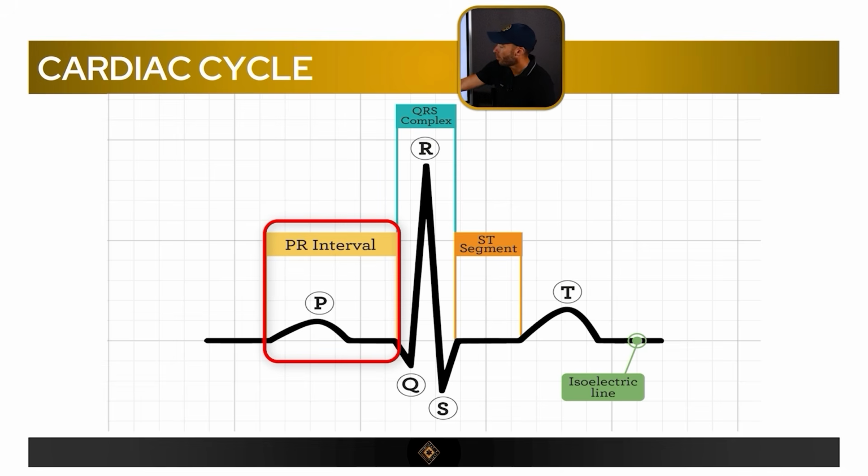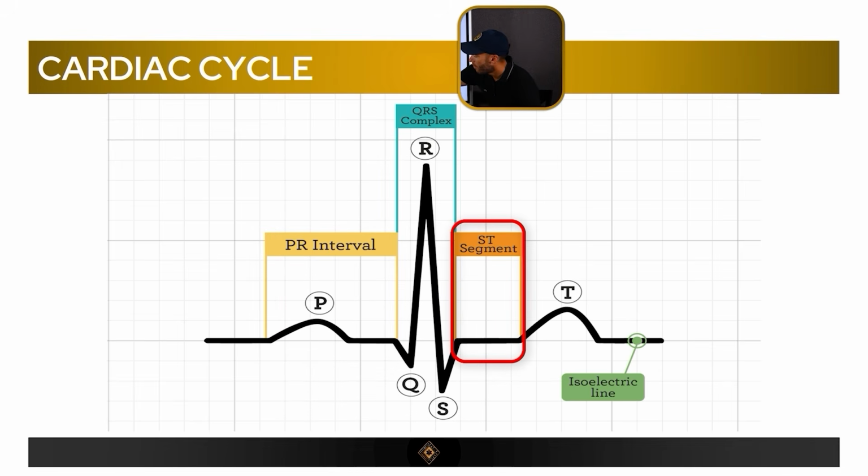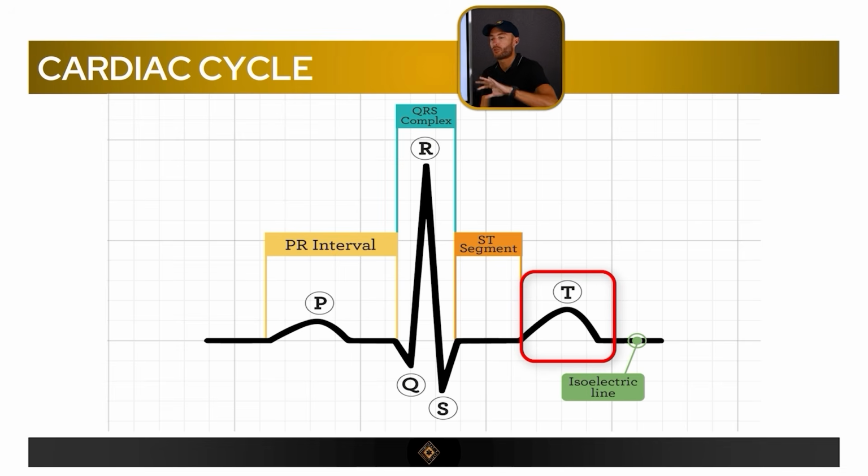Don't forget our PR interval from the beginning of the P to the start of the QRS complex, and the ST segment from the end of the S to the beginning of the T. The ST segment is where we look for elevations and depressions, and we look to see if we have 2 or more contiguous leads on a 12-lead EKG. More on that later. The T wave represents when the ventricles relax or repolarize.